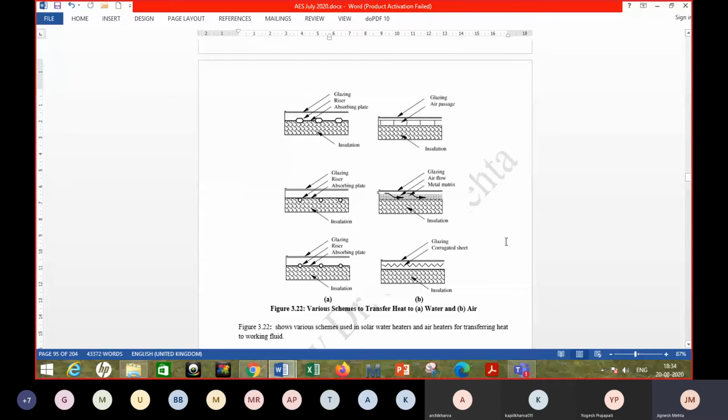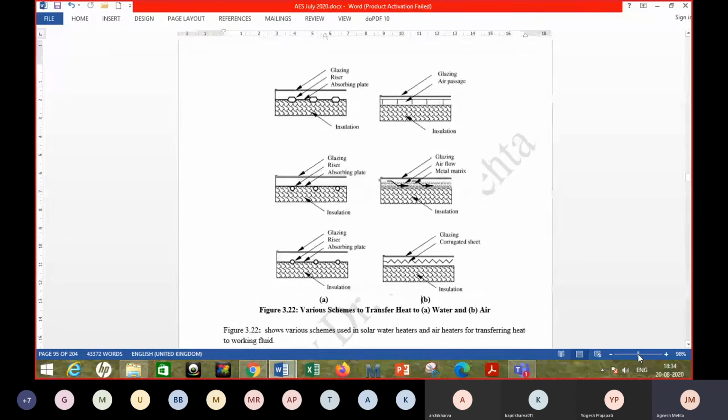Then sometimes some metal matrix or a wire mesh kind of material also may be used as receiver absorber material, and it is porous, so air passes through that media and picks up heat from there. Or at least what one can do is, rather than using a flat plate, if you provide a corrugated sheet, then you are increasing the area for heat transfer.